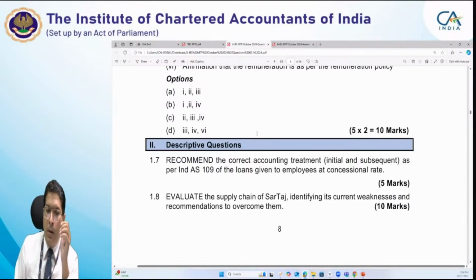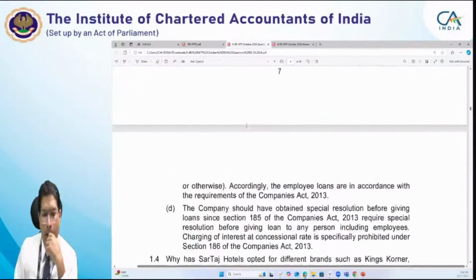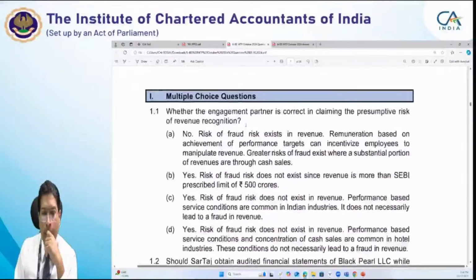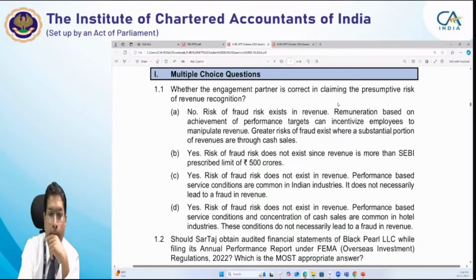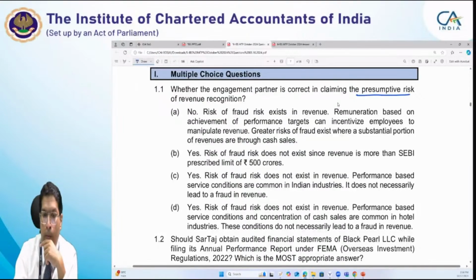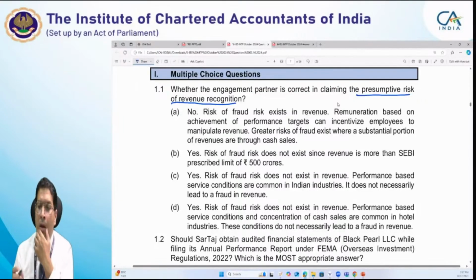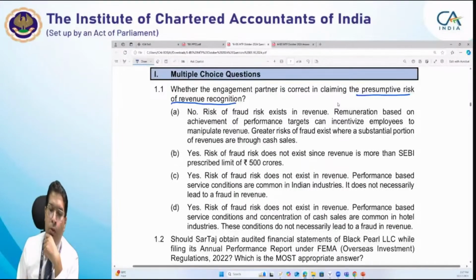Now I am going to the MCQs. MCQ 1 is related to the presumptive risk of revenue recognition, and it relates to SA 240.